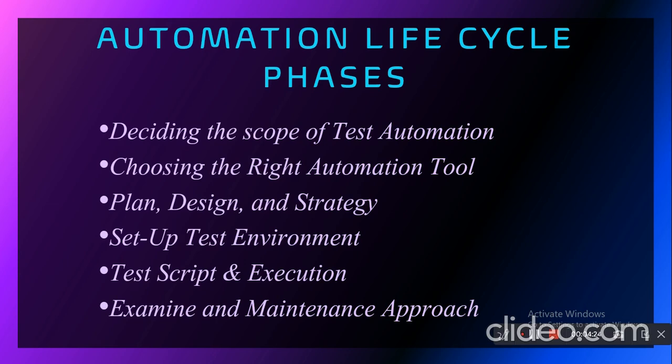There are a few main areas of the test environment that must be followed, like test data, multiple browsers, automation framework, tool configurations and licenses, and selection of environment, whether staging or live. So these are the things we have to set up in our test environment.